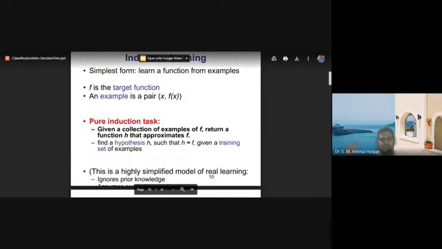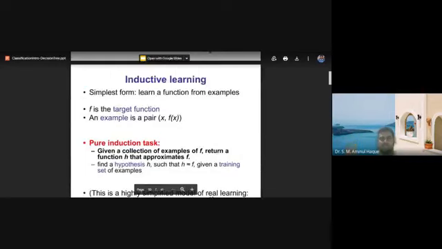So our target is to learn decision trees. Before that, we are just trying to understand some parameters and terminologies that will help us to learn the tree at the end. So we have inductive learning. So what is inductive learning? Let me explain.